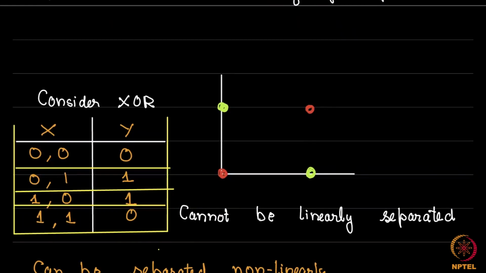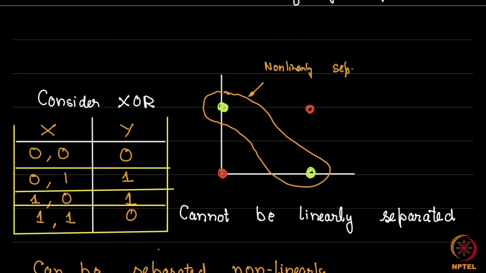You can, however, separate it using some curve of this sort. This is non-linearly separable. So both are true. It is not linearly separable, but it is separable non-linearly. So you have to make a non-linear surface somewhere around it to make it separable.